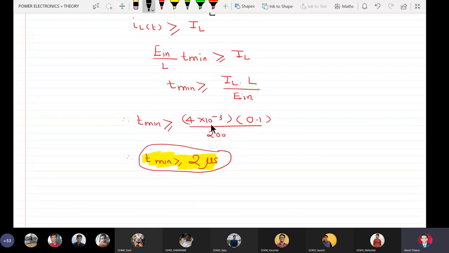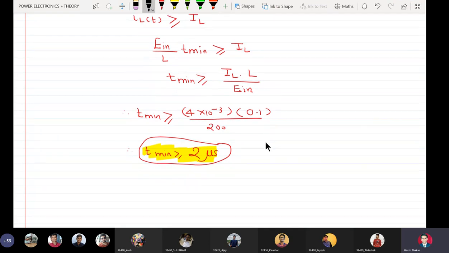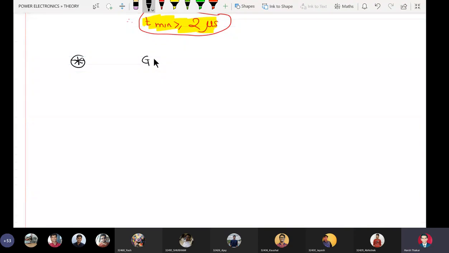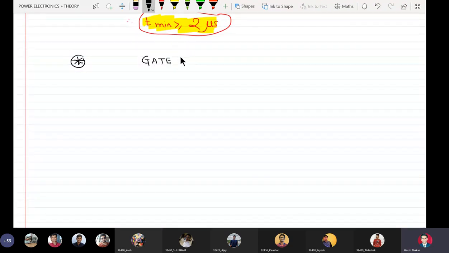Now we are going to discuss something which actually always creates a confusion among the students, especially during the viva. That is, there are three things now. See, we have the heading which is called gate triggering. Under this, we have three things.